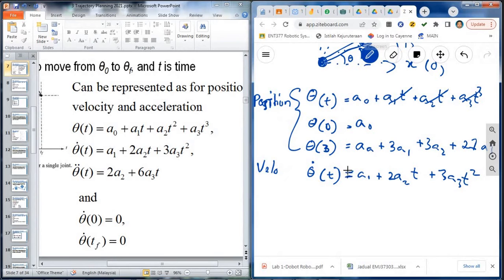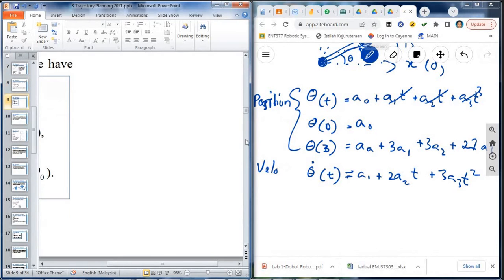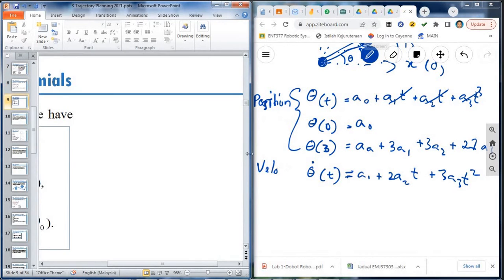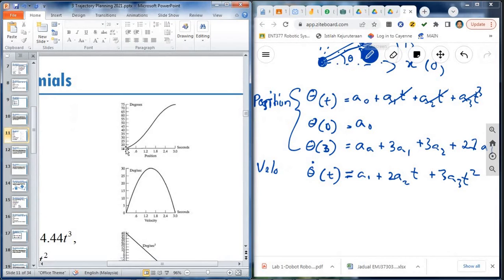At the starting point, your time is 0 and velocity is also 0. So at velocity, at time 0, this one you can cancel, so it is equal to A1.